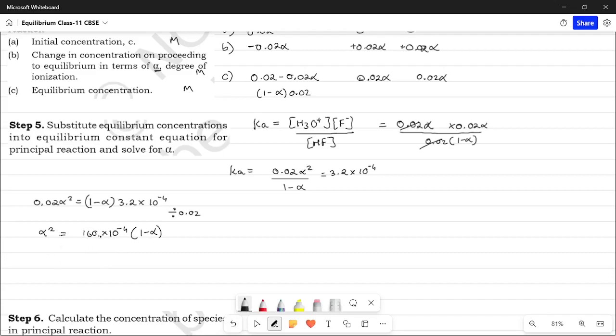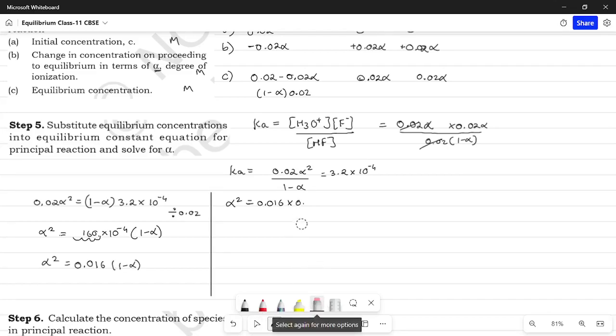Okay, so you have the decimal point here, 1, 2, 3, and 4. So you'll be getting alpha square is equal to 0.016 into 1 minus alpha. Okay, so this further gives us alpha square is equal to 0.016 into, oh sorry, we're simplifying it.